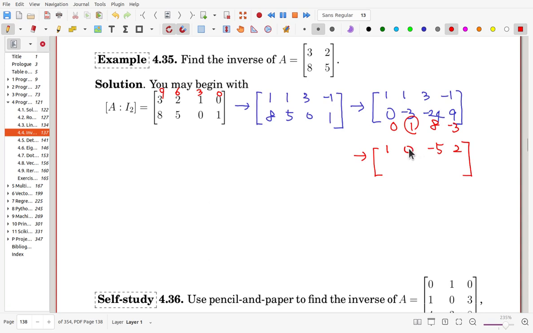Now we are putting here 0, 1. Is it 2, minus 5, and subtraction the same as adding 3, so it's 2. Yes, correct. And that is 8, and here minus 3. So now it becomes identity, and so this portion will be A inverse, right?